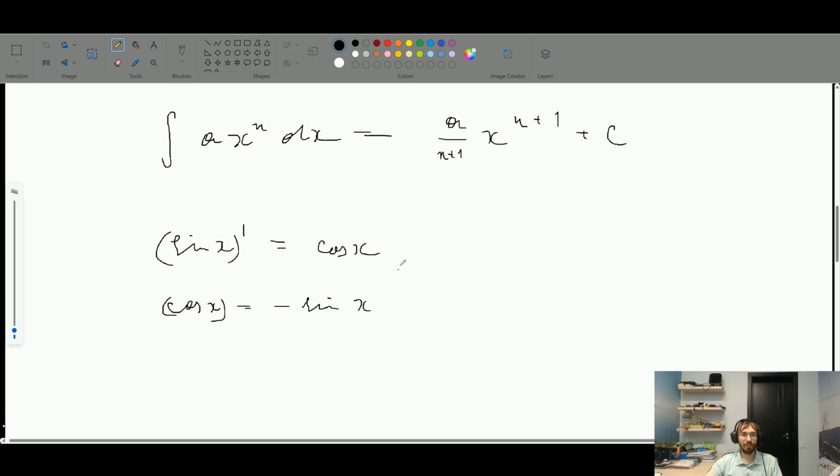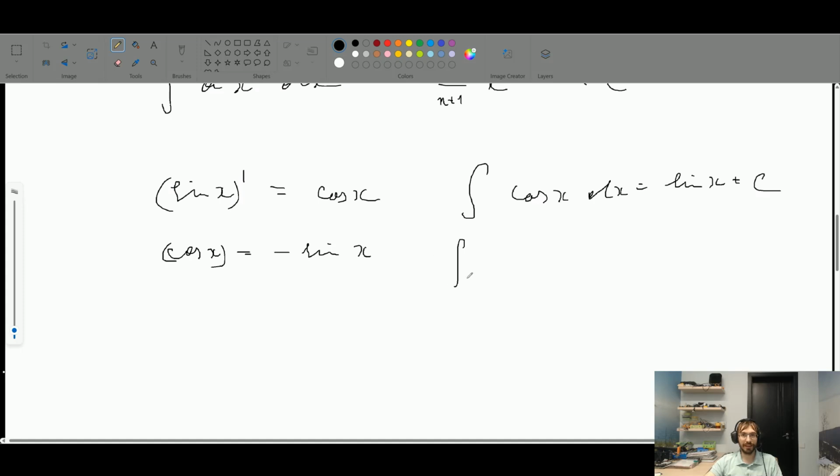Therefore, the integral of cosine x dx will be sine x plus c. And because we know that the derivative of cosine x is minus sine x, the integral of sine x dx will be minus cosine x.